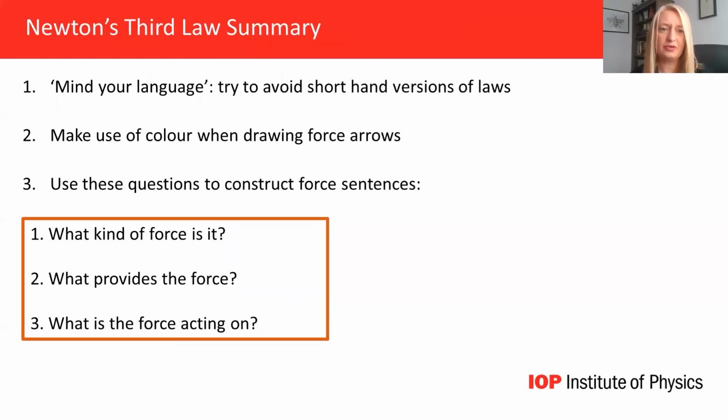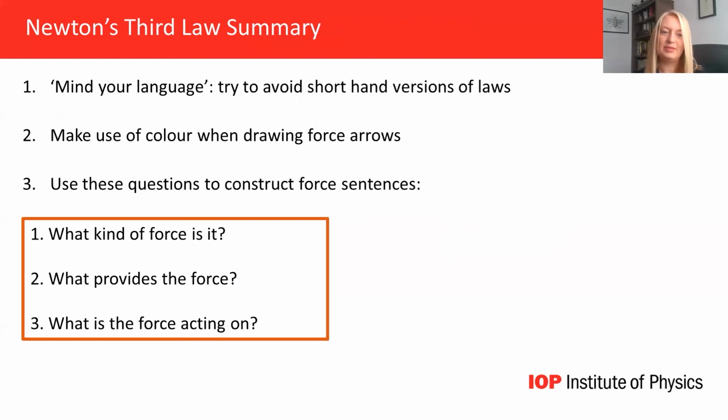So, in summary, here are some things that we would encourage you to do with Newton's third law. The first is to mind your language. Try and avoid shortening down the laws straight away. Make sure when you're having the conversations about this law or any law to do with physics that you are including all the information in that discussion before you start to shorthand things down.